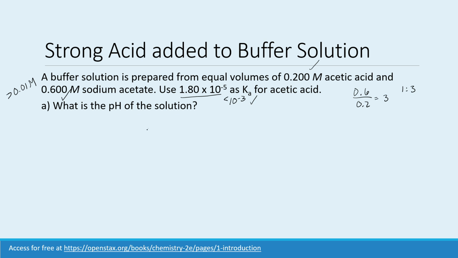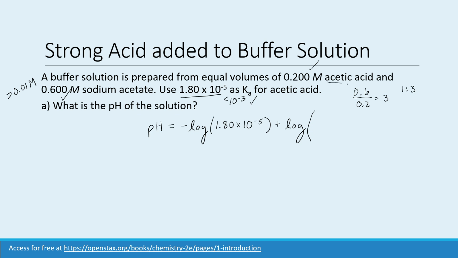Looks like I can use the Henderson-Hasselbalch equation. They give me the Ka value, and so I can basically plug everything in. Right, so the pH equals the pKa, so that's going to be the negative log of our Ka value, 1.8 times 10 to the negative fifth. And then add that to the log of the concentration of the base.